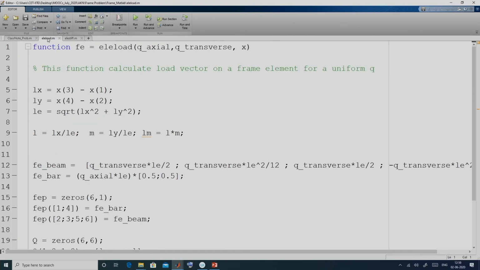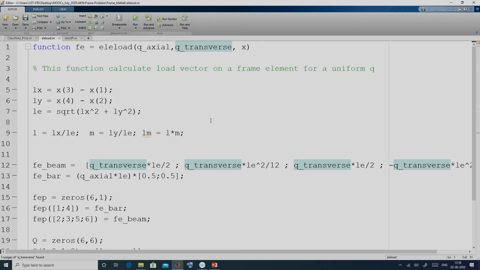This we have to calculate at local level. So, this element load vector is calculated here, where this Q transverse is corresponding to that distributed load in transverse direction.